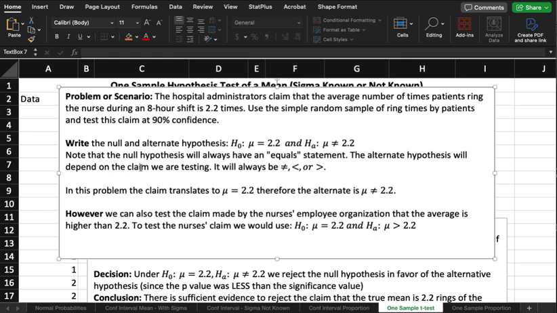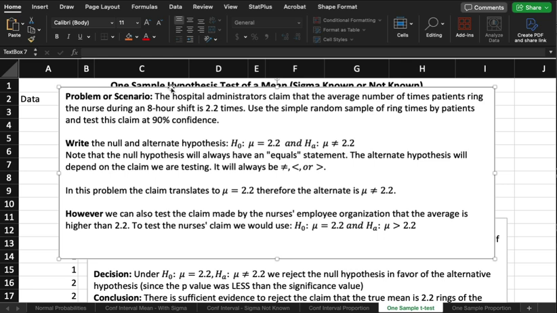So we can test the hospital administrators' claim, and we can also test the nurses' employee organization claim, all at the same time.